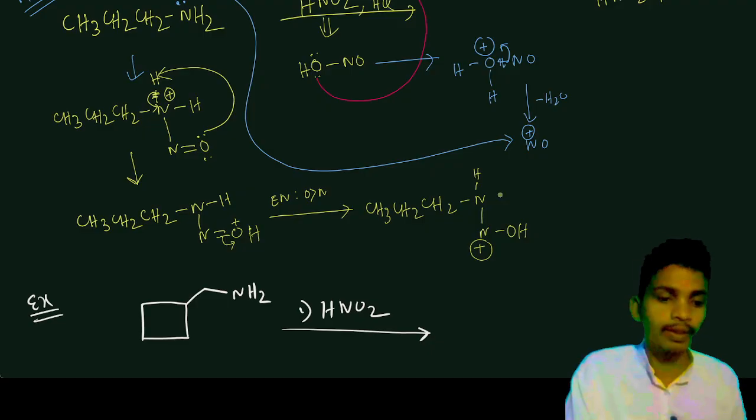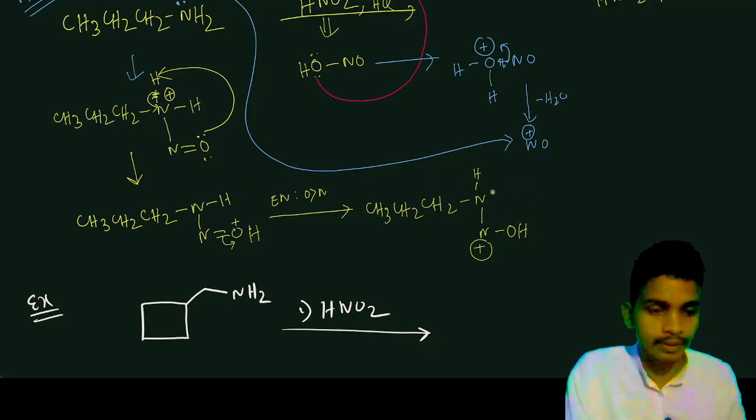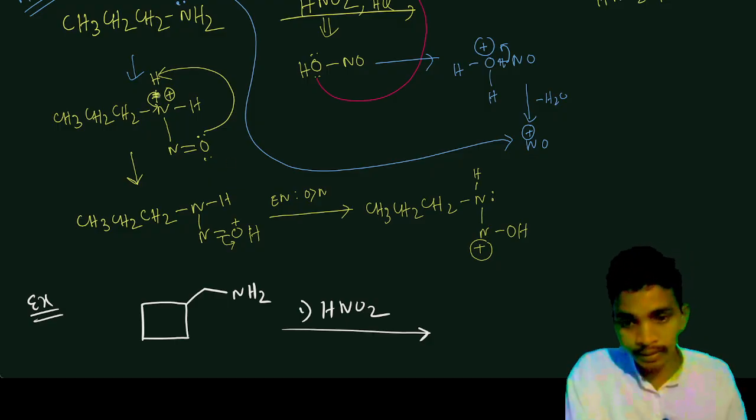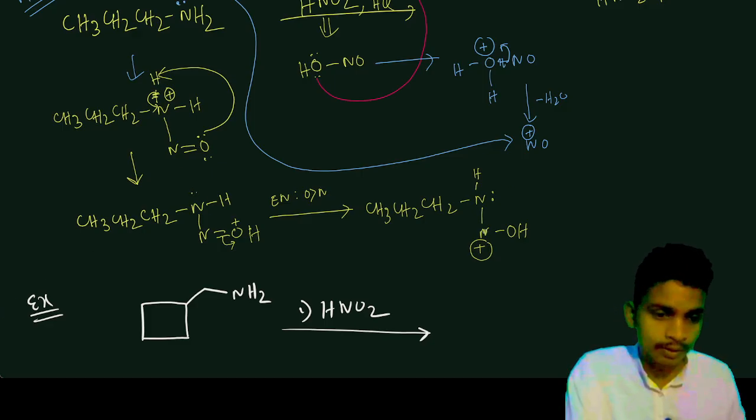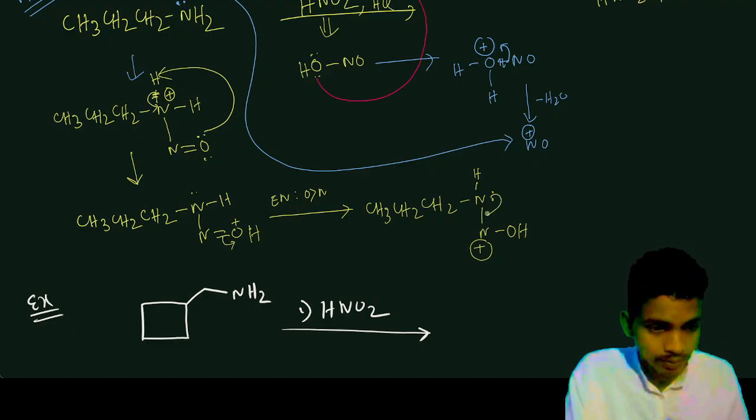Now what will happen? Here the lone pair electron is there, because this positive charge is removed by that nitrogen taking this electron. Now since this nitrogen is getting positive charge, this nitrogen takes this lone pair electrons.